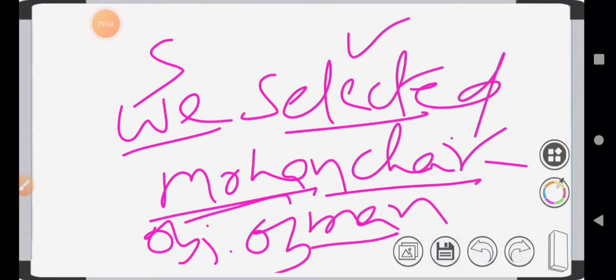That is the difference. Mohan is the direct object of the verb, and chairman is the object complement that completes the meaning. The noun chairman tells something about the object Mohan.